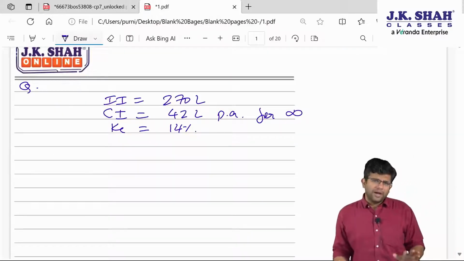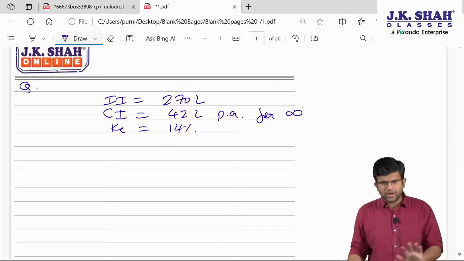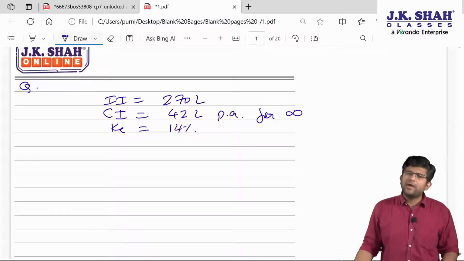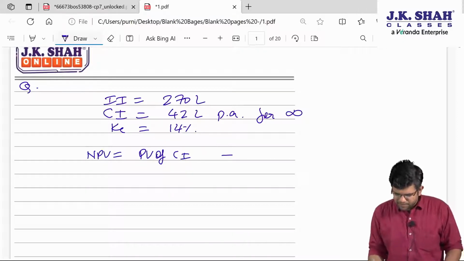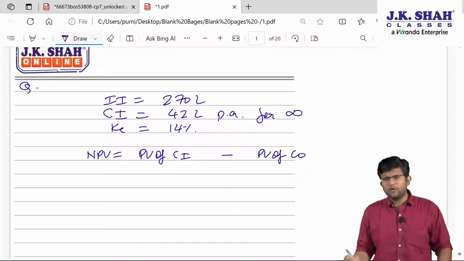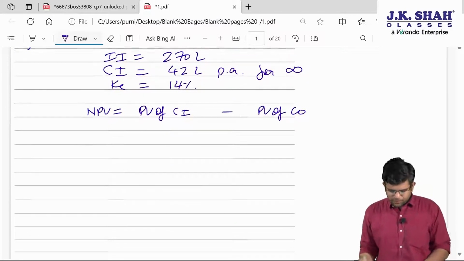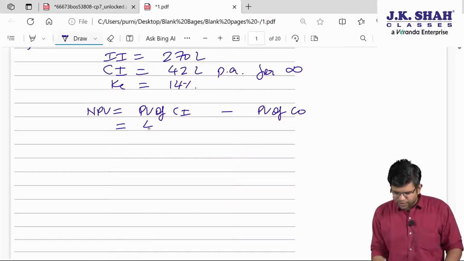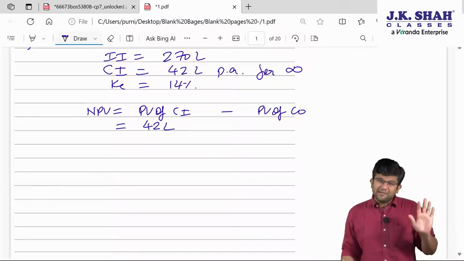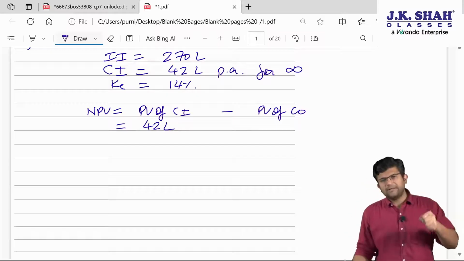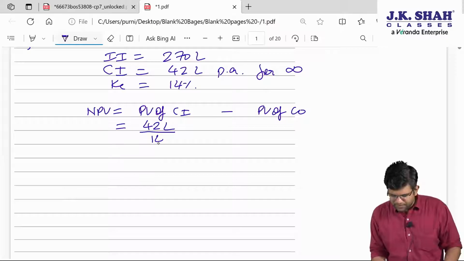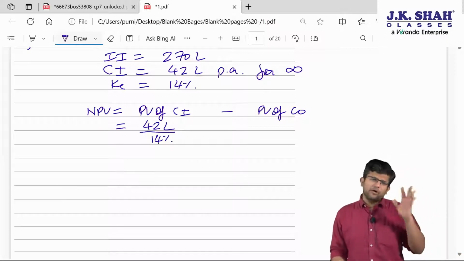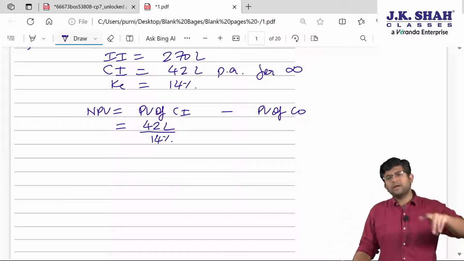Now if I had to calculate NPV of this project without reading anything ahead, how would I have calculated it? NPV would have been present value of cash inflows minus present value of cash outflows. I am doing it without making a table here. Present value of cash inflows: since you are going to be getting 42 lakh every year for eternity, the present value will be 42 lakh divided by the rate, that is 42 lakh divided by 14%, which gives the present value of all future 42 lakh from the end of year 1 till eternity.